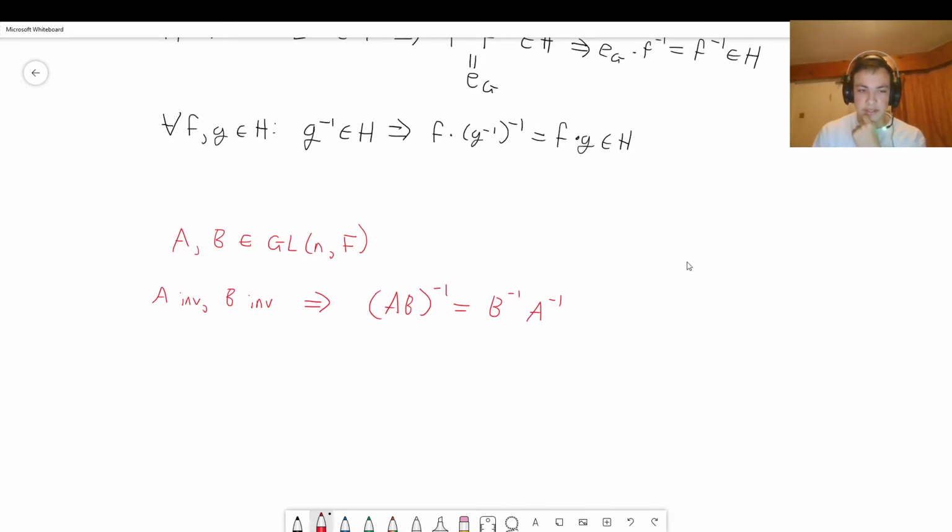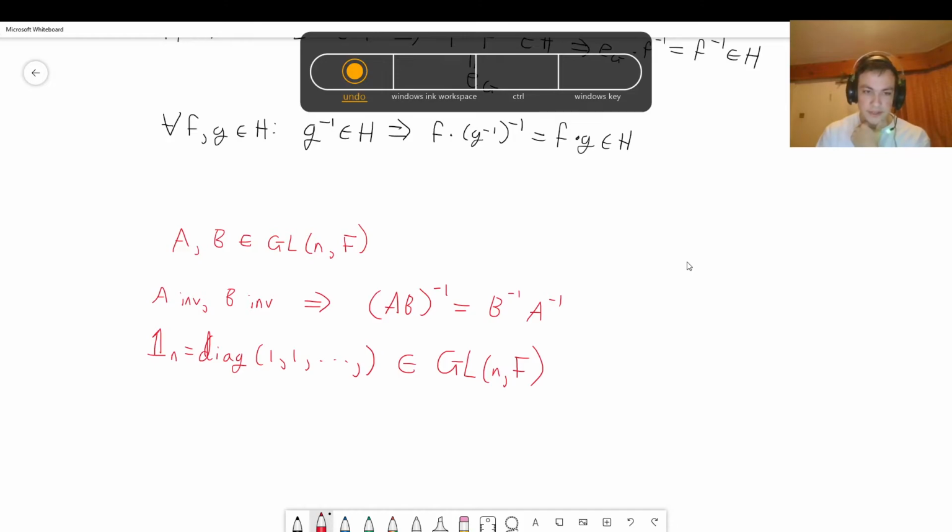Then there's the identity I_n, the diagonal matrix 1, 1, and so on. That is obviously in GL_n(F) because it's its own inverse, so that's the second condition. Then obviously A inverse is in the group because A is invertible, therefore A inverse is invertible because its inverse is just A. So the only thing we have to check is associativity.